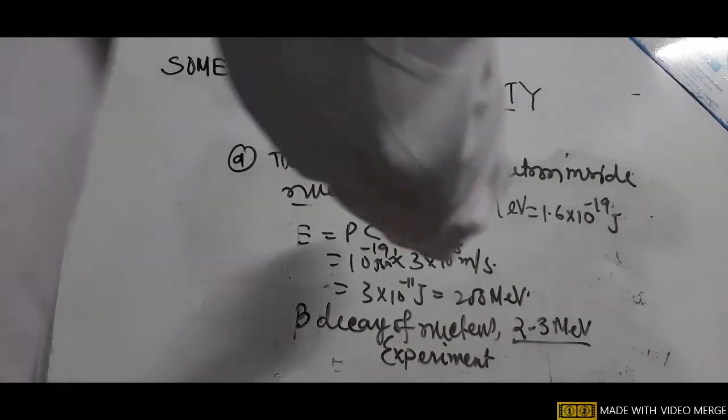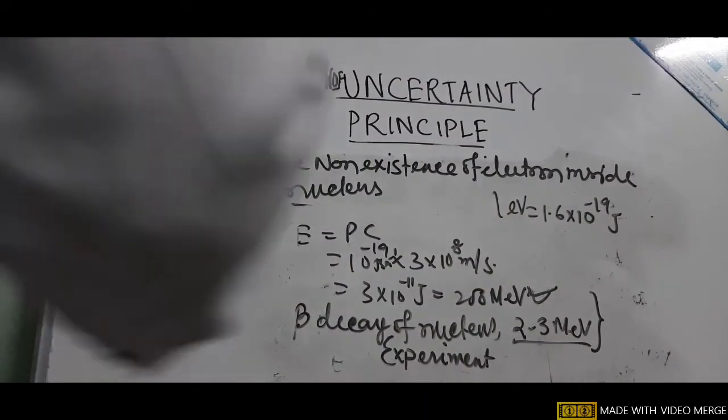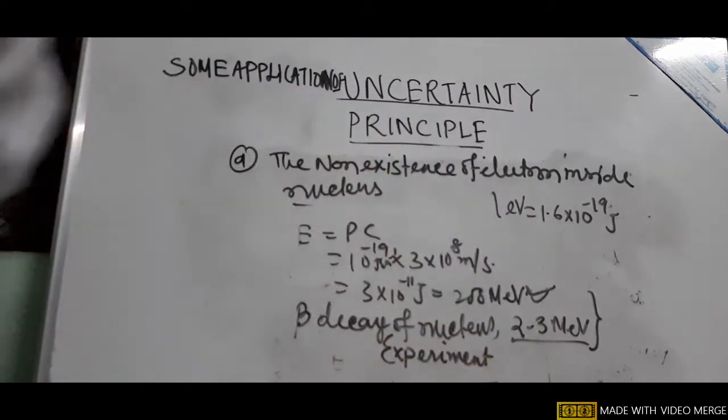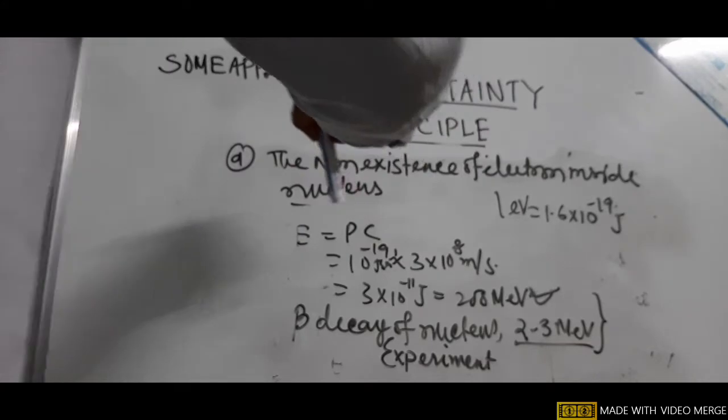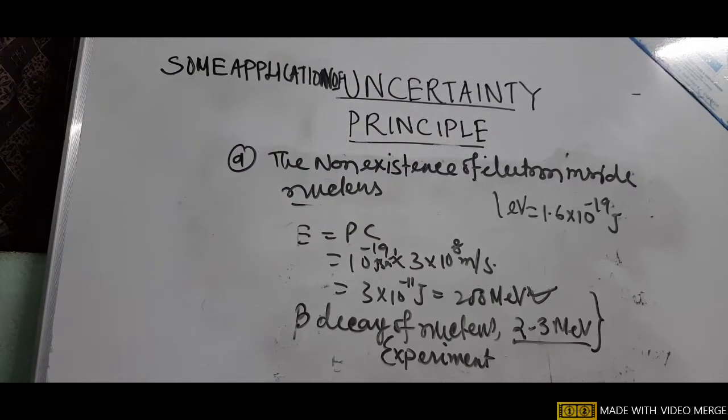But here we got that if the electron is present within a distance of 10 to the power minus 15 meter, then it should have an energy of 200 MeV. So these two results do not match with each other. Therefore, we say that electrons cannot be a constituent of the nucleus, or electrons cannot be present inside the nucleus, and that we get from this uncertainty principle.